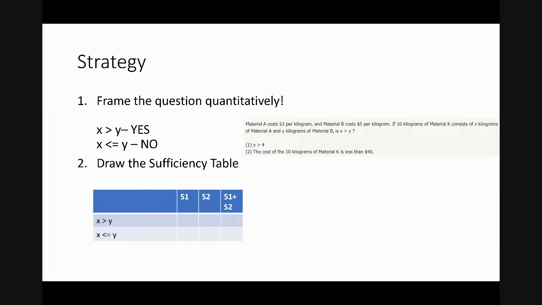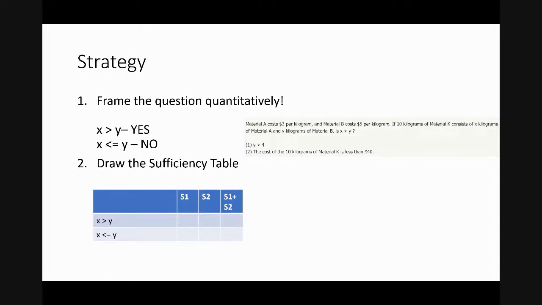So now if y is greater than 4, which is my first statement, if I can show that y is 4.1 kilograms and x is 5.9, then the price would be a lot closer to the price of x than the price of y, right?